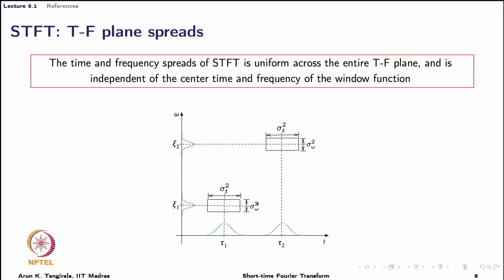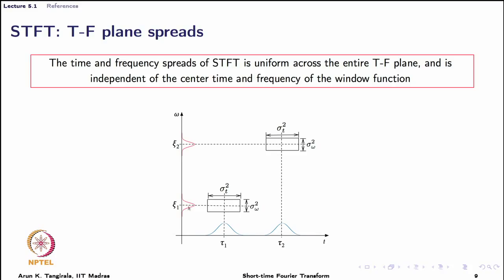By the duration bandwidth principle, if I choose a wide window such as this, it is going to have a narrow bandwidth, that is a narrower frequency spread, measured by sigma square omega. So, when I analyze the signal in the time domain this way with this window function, wherever I go does not matter.